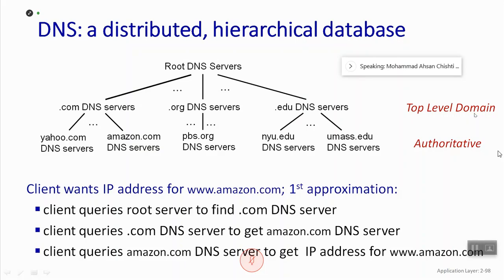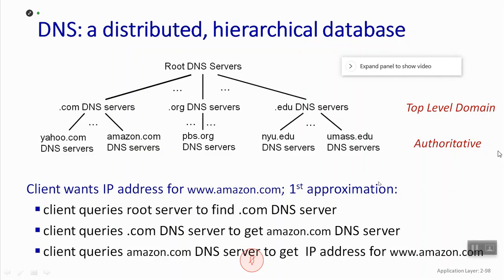And then within each we would have authoritative DNS, given by, let's say, yahoo.com, amazon.com, and so on. And likewise, we would have for .edu, .org, .gov, and so on. So this is how the hierarchy works.